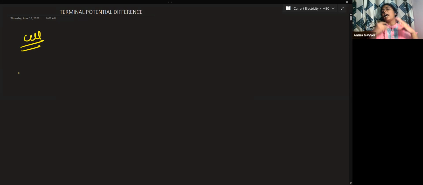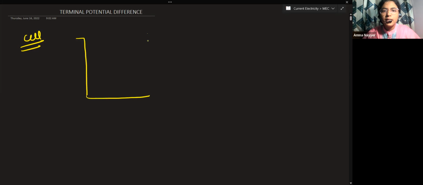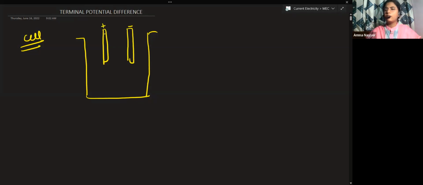If you expand the structure of a cell, you will see that from inside, a cell consists of two electrodes, positive and negative, whatever you call anodes and cathodes. These are electrodes. And these electrodes are dipped in electrolytic solution.